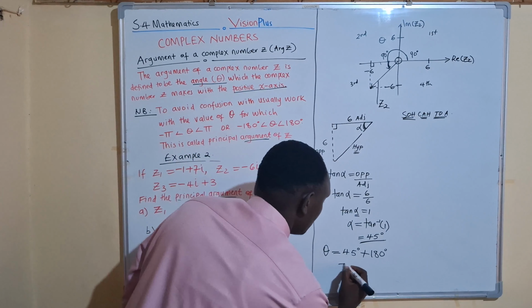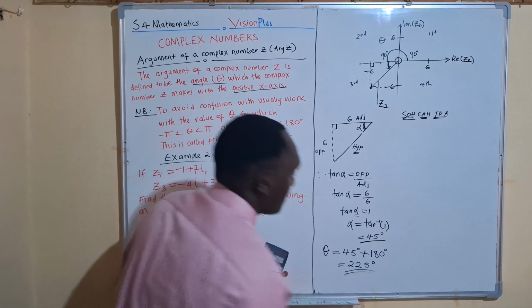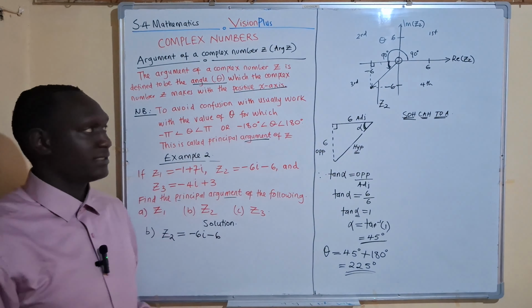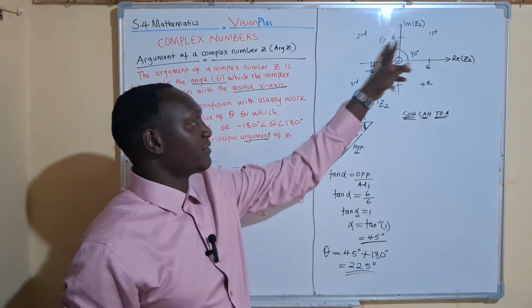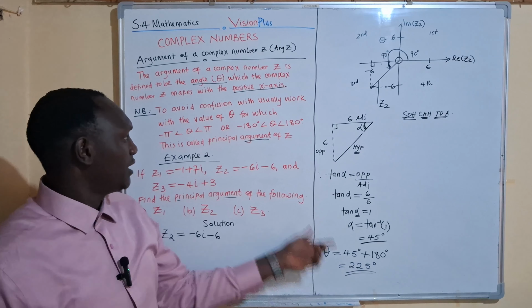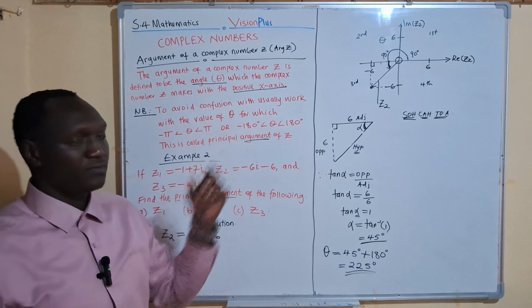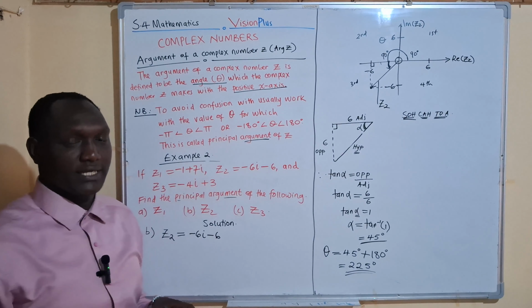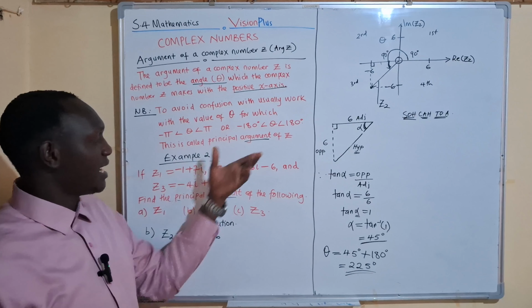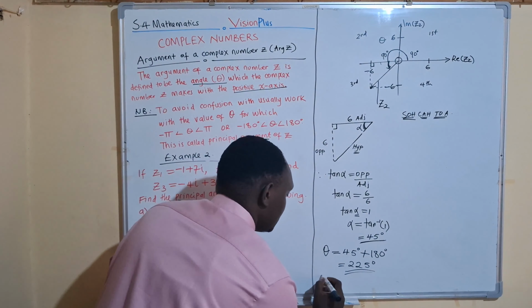This gives us 225 degrees. This is just the argument, measured from the positive x-axis. If you look at the range, 225 is outside the range. So this is just an argument.